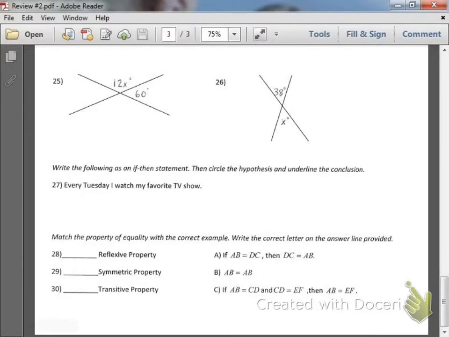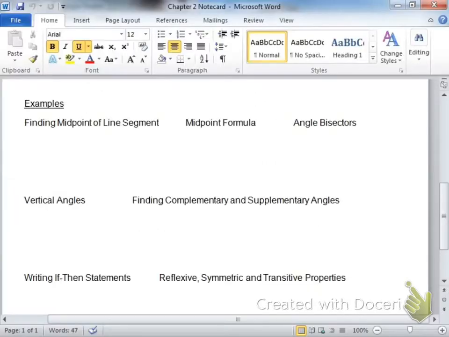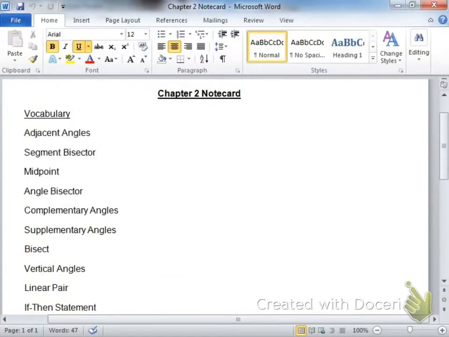All right, if there are no questions, I am going to give you the things that I recommend you put on your note card. So the first section of your note card, maybe the whole front, if that's the way you're organizing it, should be dedicated to vocabulary. So I would definitely label it Chapter 2 note card.